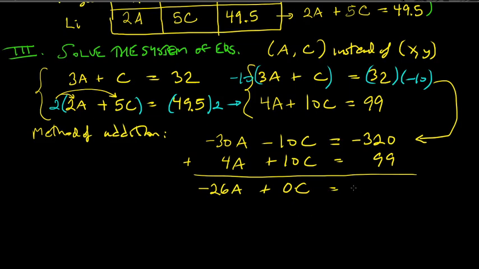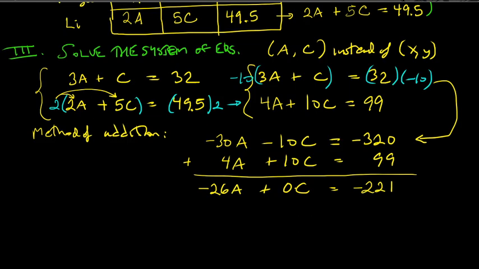So get out my calculator here, and I think I get negative 221. Just making sure. Yep. Wait a minute, I don't think I did this right. So negative 320 plus 99. Yeah, negative 221, just making sure.